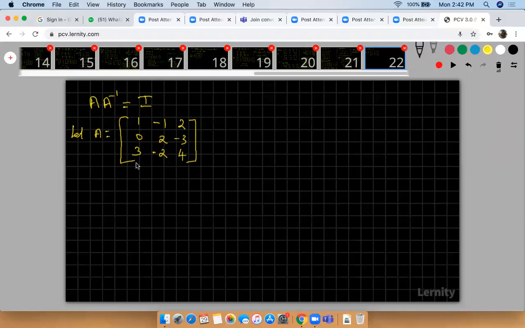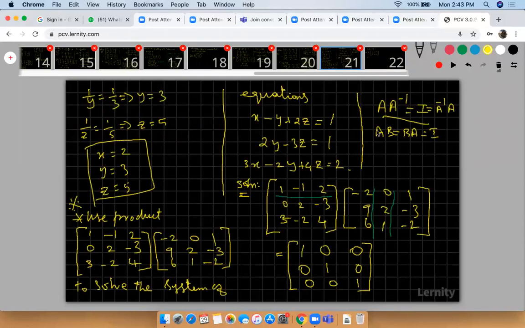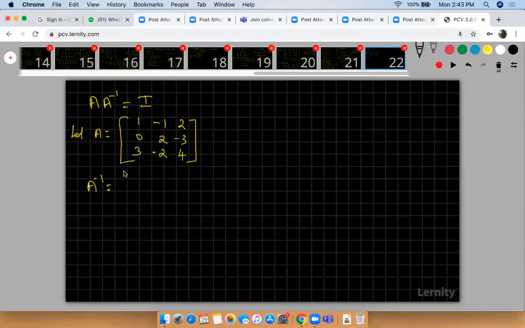Into what is your A inverse? Your A inverse is the second matrix. If this is A, this is A inverse. So your A inverse is 2, minus 2, 0; 1, 9, 2, minus 3; and 6, 1, minus 2. Okay, so this is your A inverse.